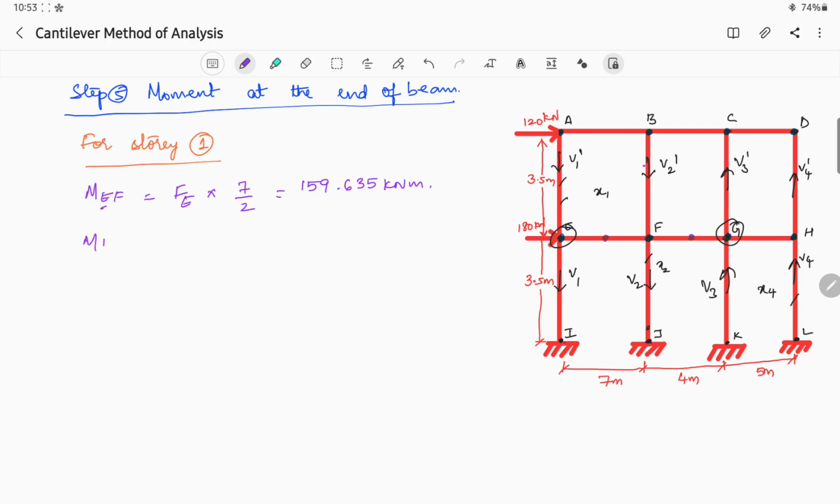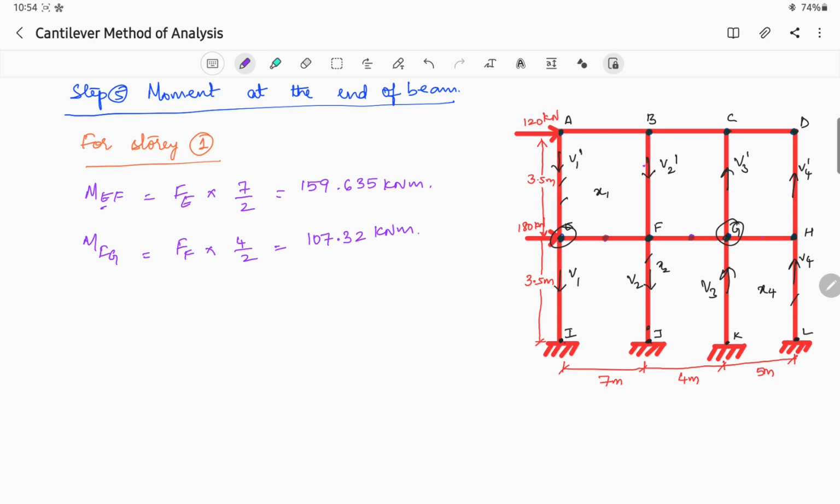Similarly, we'll go for another member, a horizontal member, that is member FG. Moment in FG, that means shear force at F into, what is the distance? 4 meters, so 4 by 2. So the value is 107.32 kilonewton meter.